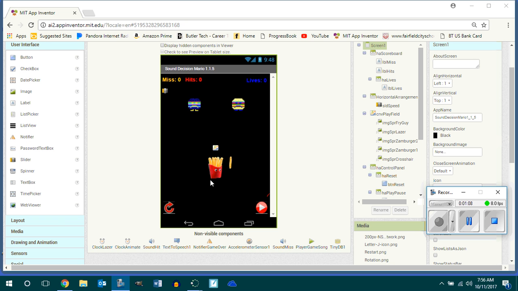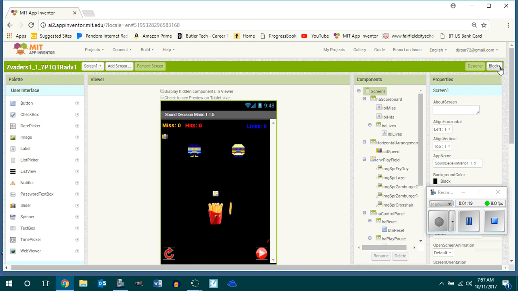We want to try to get our French fry to move back and forth by doing what? How are we moving the guy back and forth? Tilting. All right, so tilting involves the accelerometer.